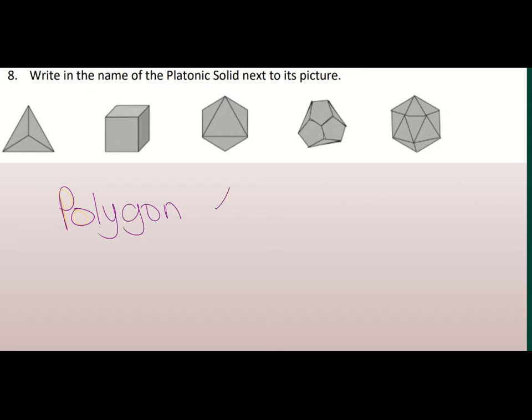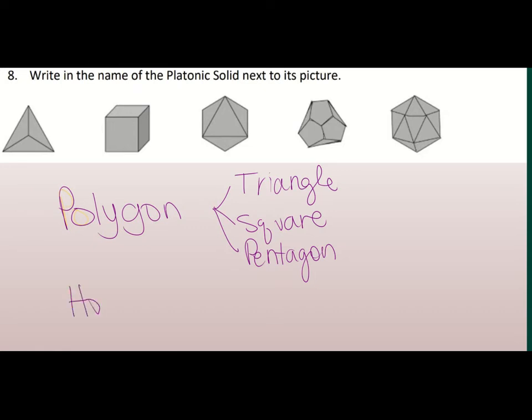Okay, is it a triangle? Is it a square? Or is the polygon that makes up the faces of the solid a pentagon, regular pentagon? Okay, once you figure that out, you're going to say how many polygons meet at a vertex.